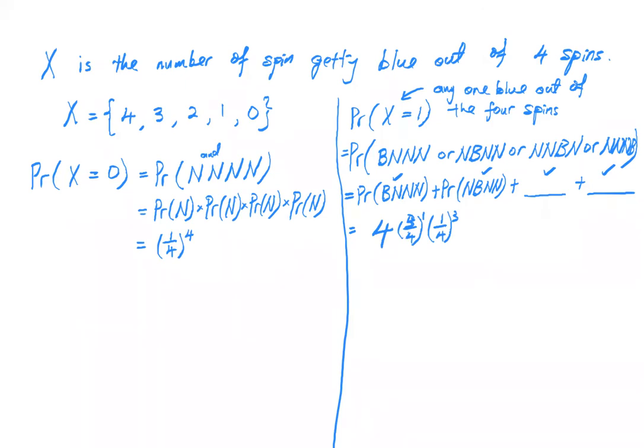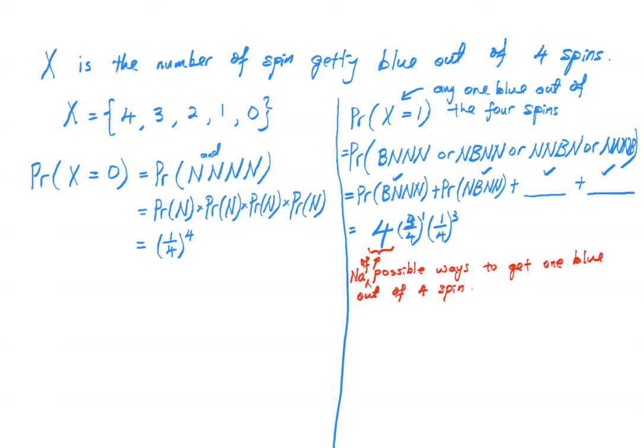So in binomial distribution, the first number here, what does it tell you? This is the number of possible ways to get 1 blue out of 4 spins.